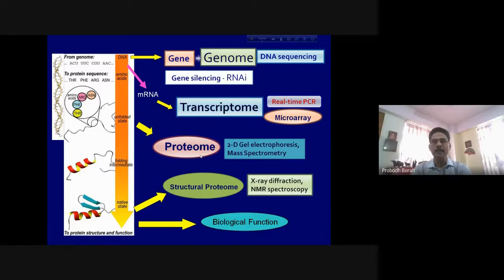That is, as we know, thymine is replaced by uracil, and second, the pentose sugar deoxyribose is replaced by ribose in messenger RNA. But it carries the same sequence of information or codons as was present in the original gene sequence or the DNA sequence.